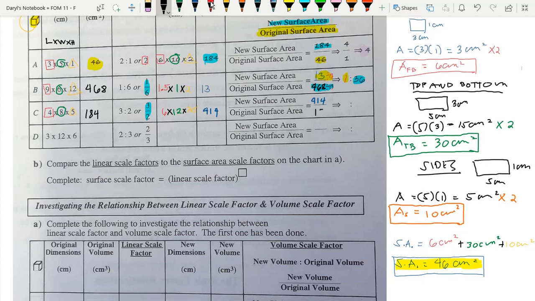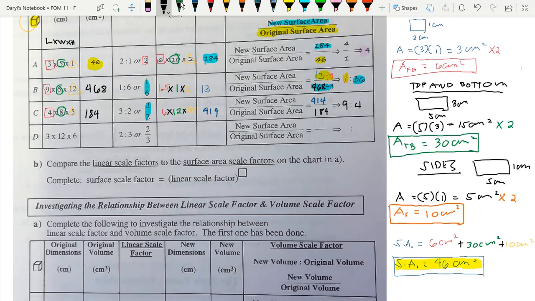Okay, 184. So if I simplify this one, it should give me a value of 9 over 4. Okay, so this should be 9 is to 4.